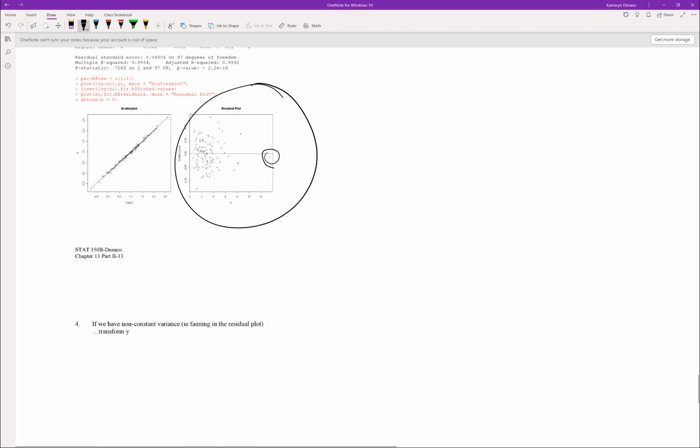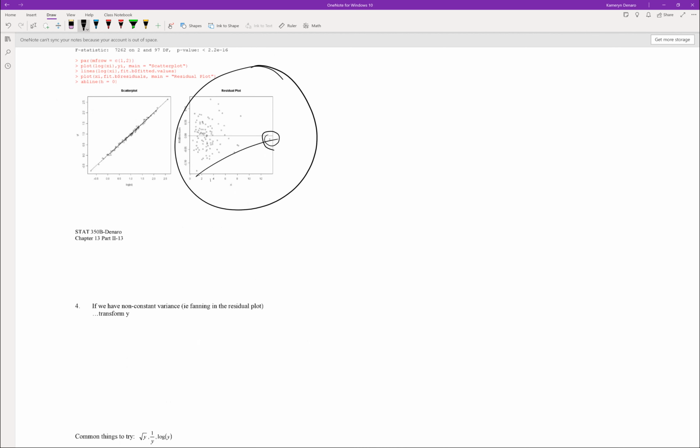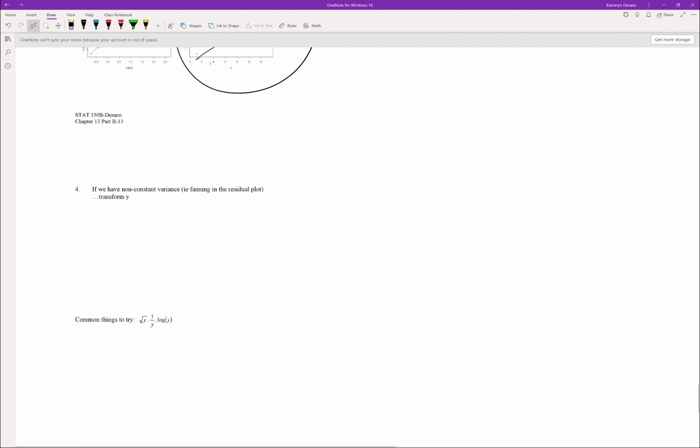Essentially here where we said, okay, we might have some fanning, we might also think about transforming our Y. Sometimes you can try these first transformations to see what looks the best.